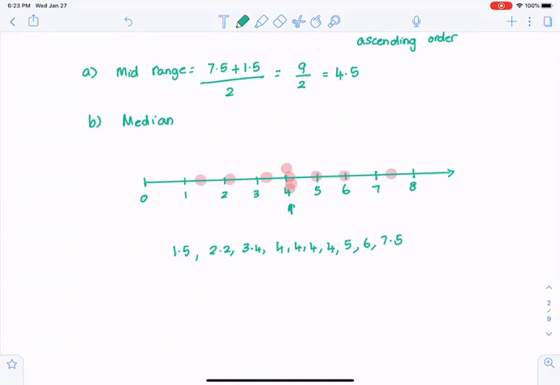If I have to split a sample of size 10 exactly in half, there has to be 5 on either side of the median. So 1, 2, 3, 4, 5. The median has to lie between those 2 numbers. Then I have 5 observations to the right of the median and 5 observations to the left.